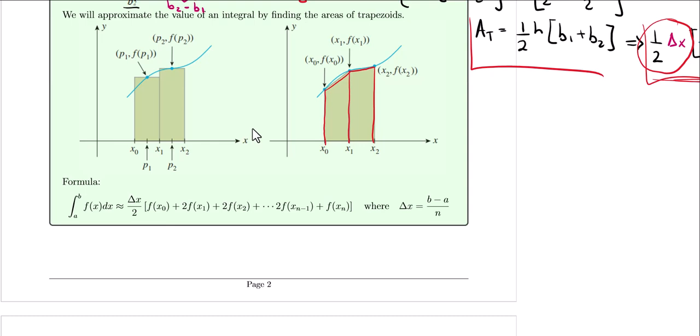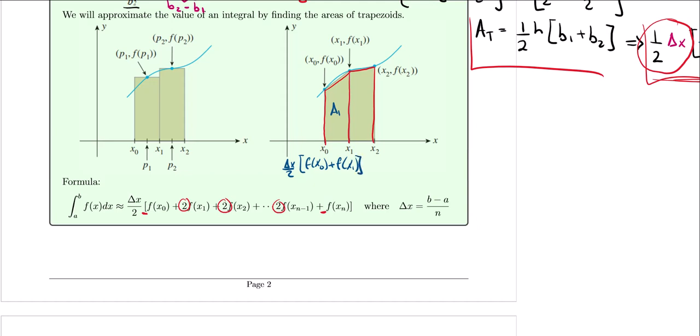But there is a particular thing to notice here. Notice that when we're adding the heights, we have a 2 right over here, but not at the beginning and not at the end. How come? So let's go back to our diagram here to see if we can go ahead and get some insight. All right, so if I wanted you guys to calculate the area of the first trapezoid, A1 here, well, A1 is going to be delta x divided by 2 times f of x naught plus f of x1.